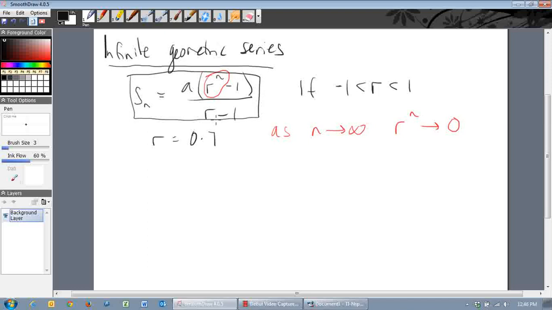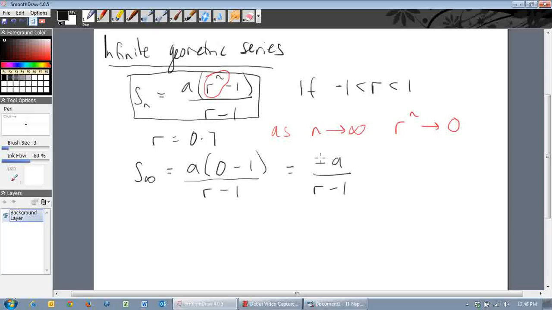Looking at this formula for the sum of a geometric series, the sum as n goes to infinity is equal to a, now r to the n will go to 0, it gets closer and closer to 0, so it will be 0 minus 1 over r minus 1. And 0 minus 1 is just negative 1, negative 1 times a is negative a over r minus 1.